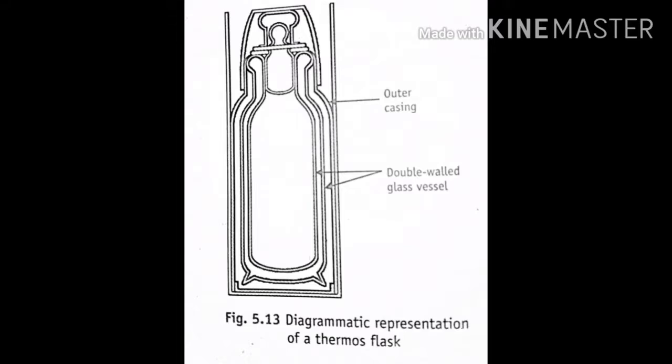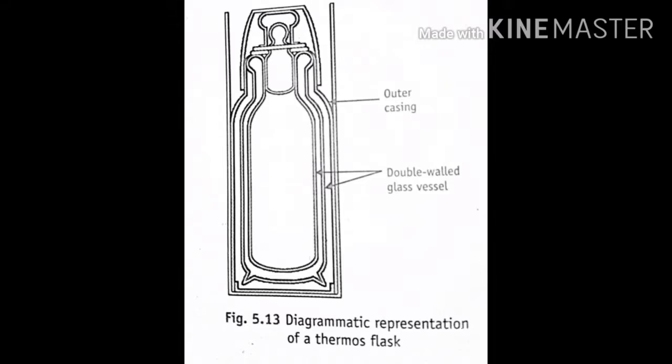It's an insulator, it doesn't conduct heat through itself, for the outer casing and the cap of the thermoflask. In this way, conduction is minimized, and the inner jar is a double walled bottle made of glass or stainless steel.